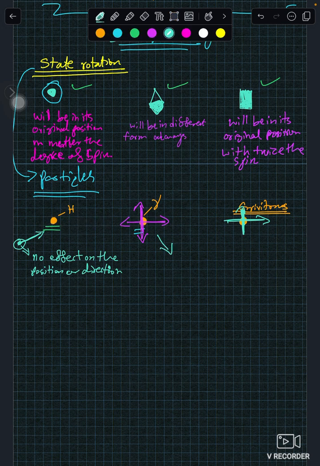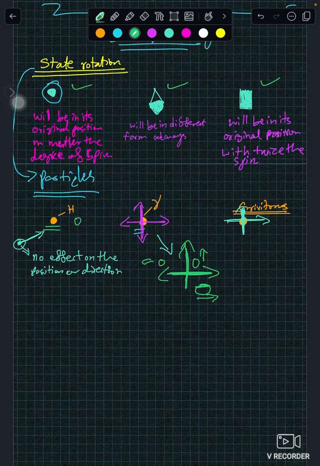As for photons, it's different. We know that if the arrow is in this direction, photons are moving in this direction. If the arrow is in this direction, photons are moving in this direction, and this direction, and then this direction. So it has 4 different states.